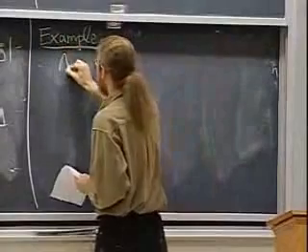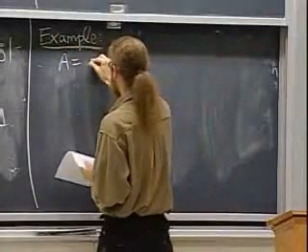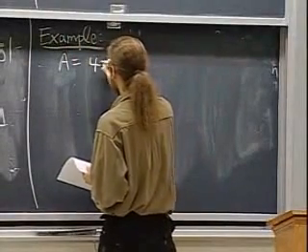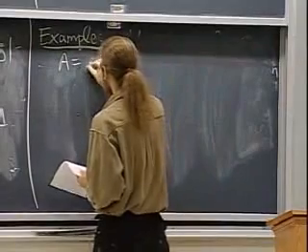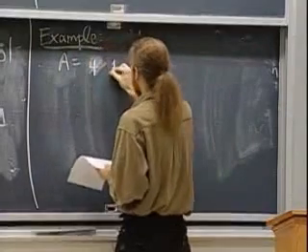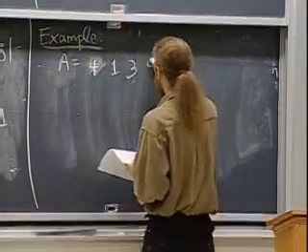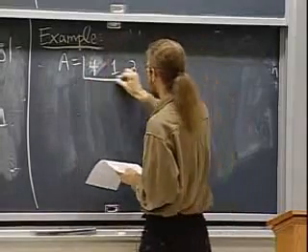So let's take an array A: 4, 1, 3, 4, 3.